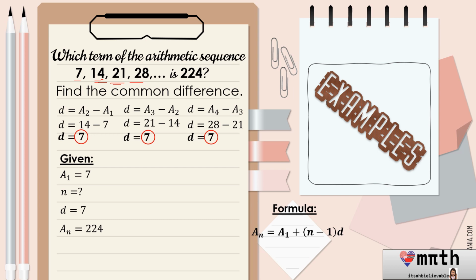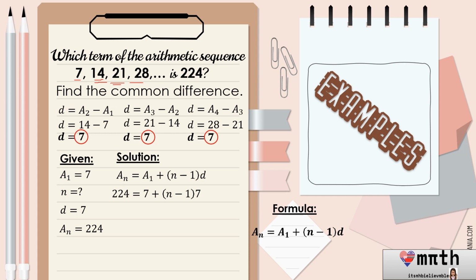Okay? So, substituting the values from the given to the formula, that will be 224 equal to 7 plus n minus 1 multiplied by 7.